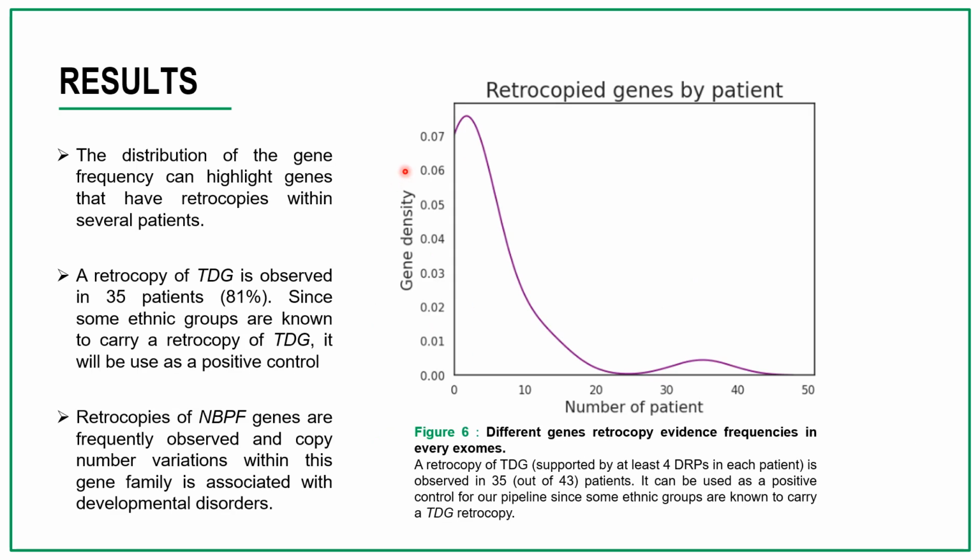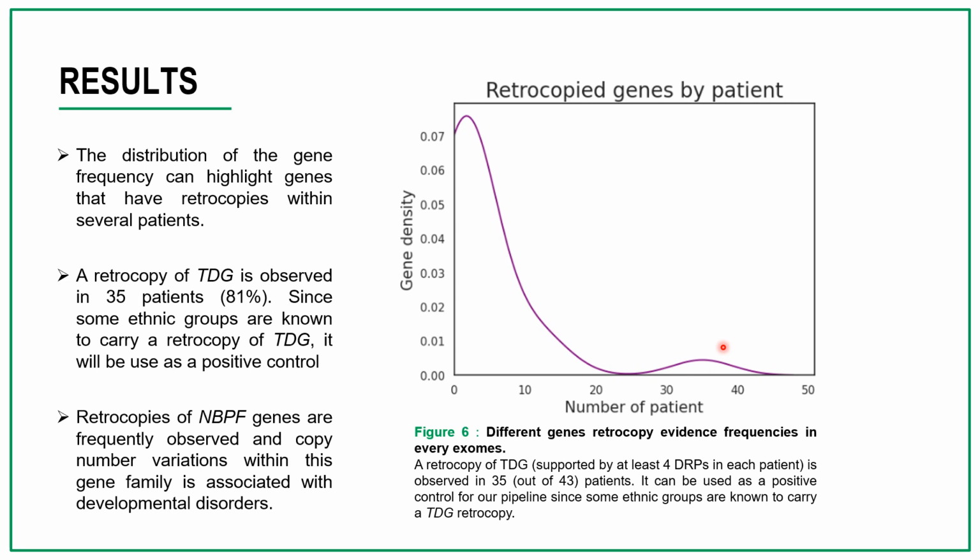Another point we wanted to see is if we have evidence of retrocopies for genes that are frequently observed across patients. We can see that we have 35 patients here that have the same retrocopy evidence, and this is the TDG gene that is known to have a retrocopy in some ethnicities, including our cohort.